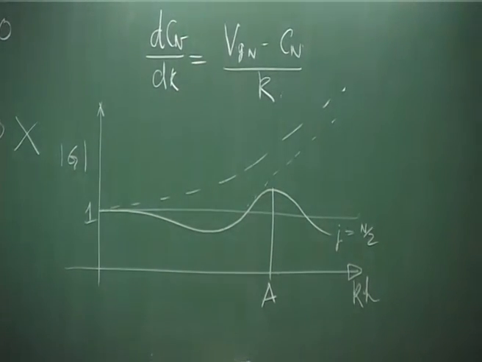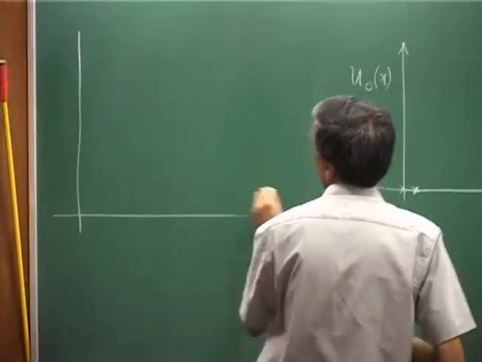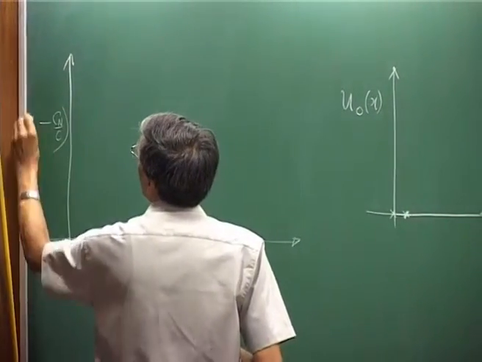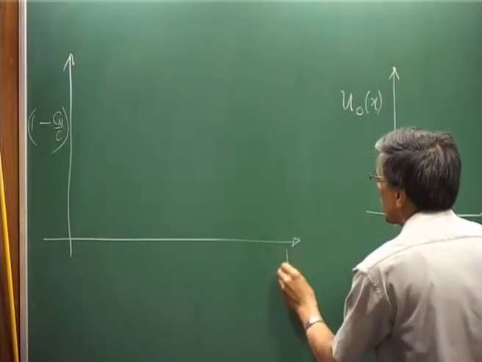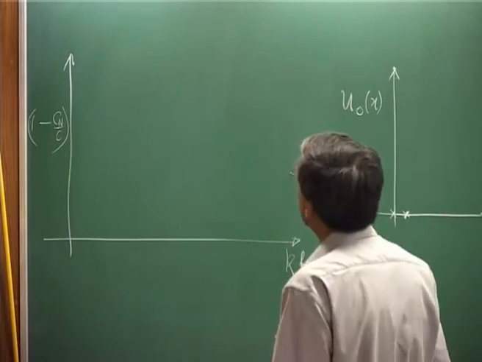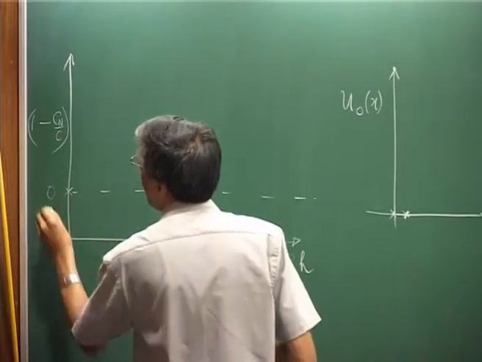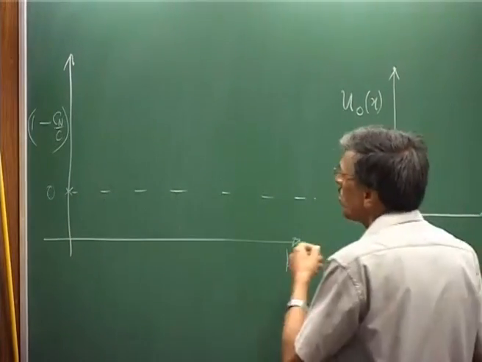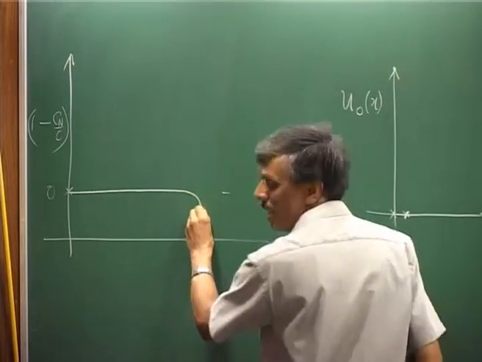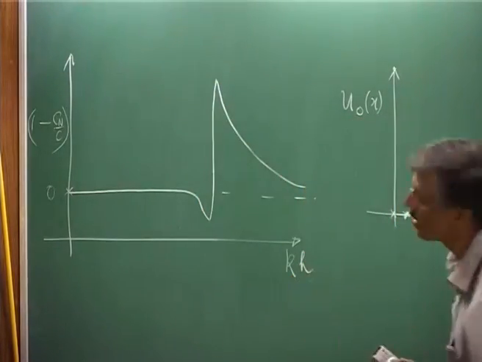In addition, if you have noticed that error evolution equation, we have a component which is proportional to 1 minus C n by C, and that I could plot versus k h. And what is found is that this value is 0 for most of the points, but then at one point it actually comes down and bursts upon you like this.